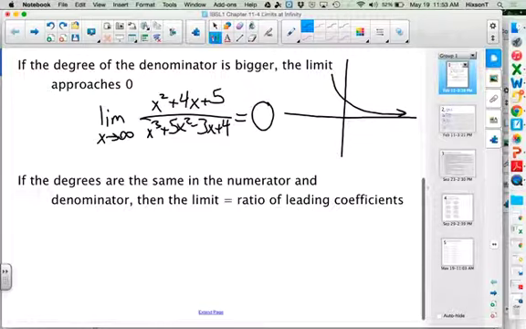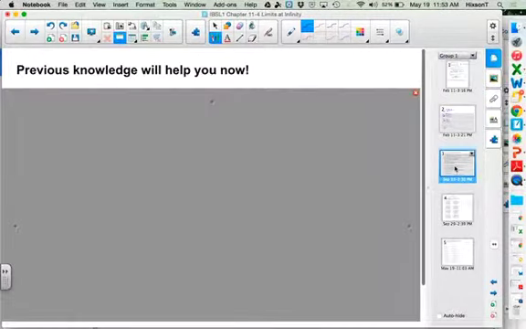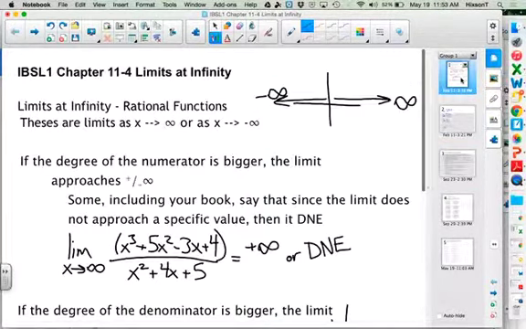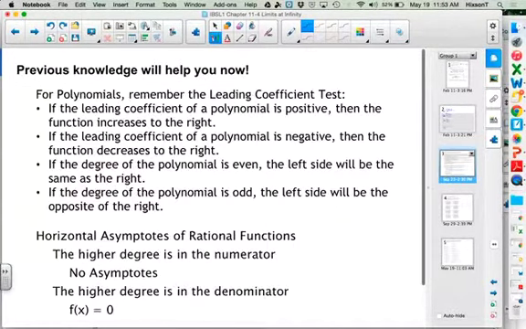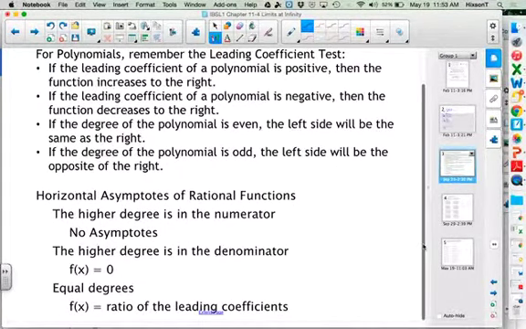Oh, we did that before. When did we do this before? Chapter 2, when we were finding asymptotes. Which kind of asymptotes? Horizontal asymptotes, that's right. For horizontal asymptotes, with the higher degree in the numerator, we had no asymptote.